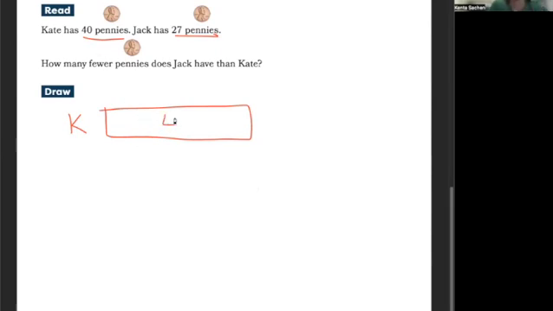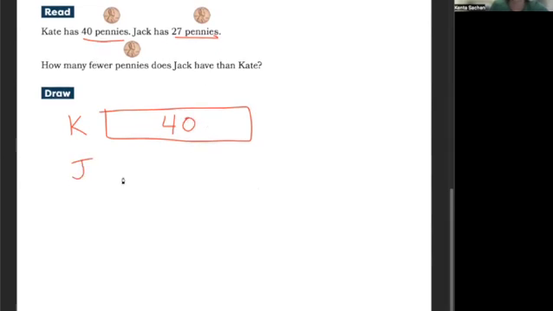Yeah, she has 40. How about Jack? Does Jack have more or less pennies than Kate? Yeah, he has less, right? How many pennies does Jack have? 27 pennies. What we want to know is how many fewer pennies Jack has than Kate. That's what I want to know.